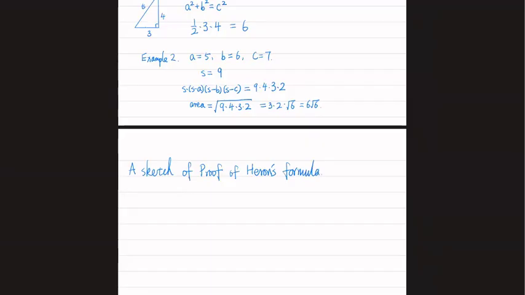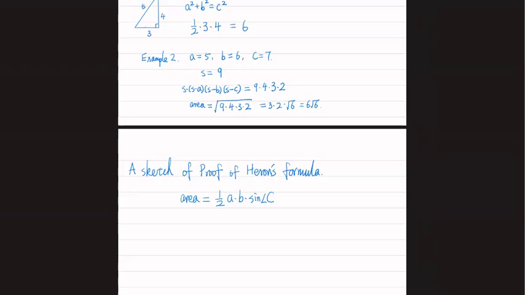So we start with area, half A B sine of angle C. We have used this formula many times.